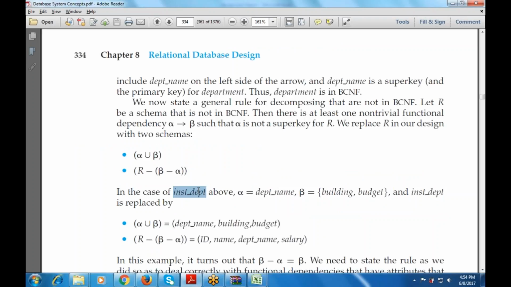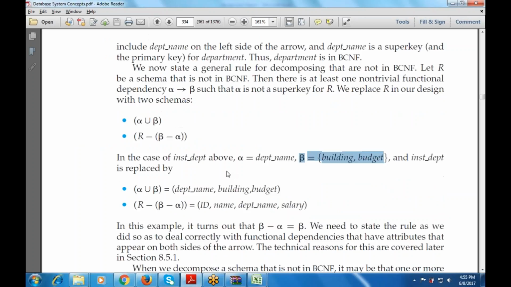In the case of the instructor department, alpha equals department name, and beta equals building, budget. It is replaced by alpha union beta, that is, department name, building, budget, and R minus (beta minus alpha), that is, ID, name, department name, salary. In this example, it turns out that beta minus alpha is beta only.